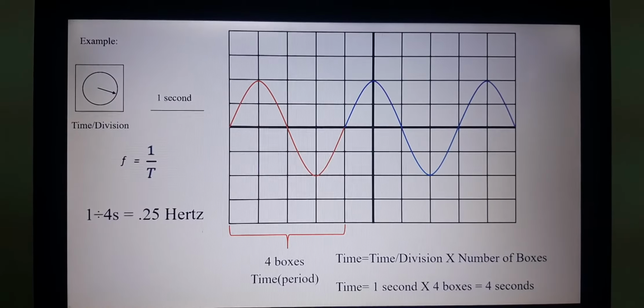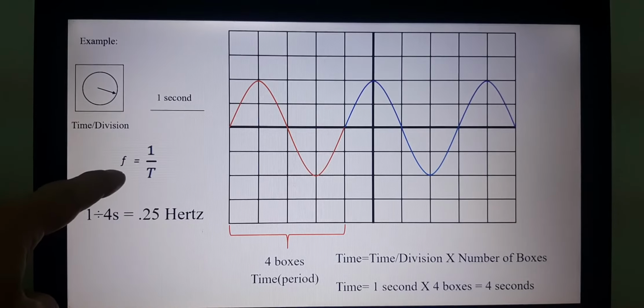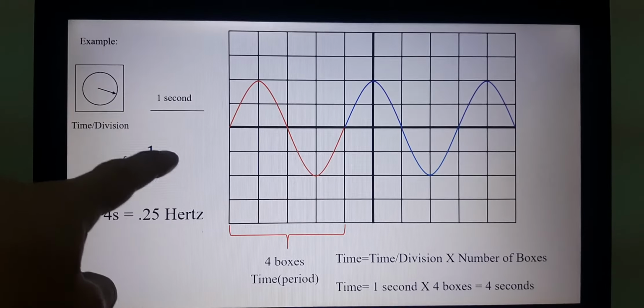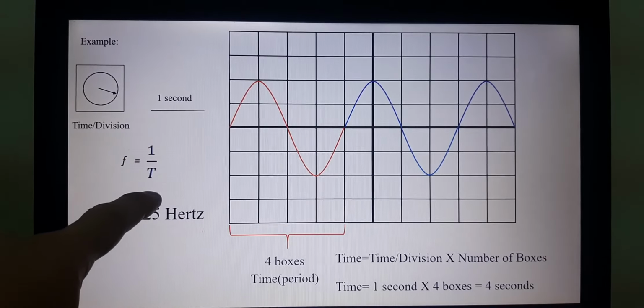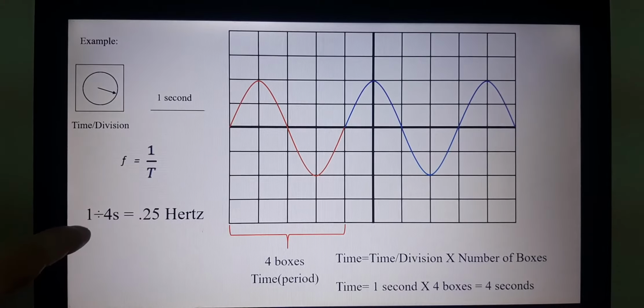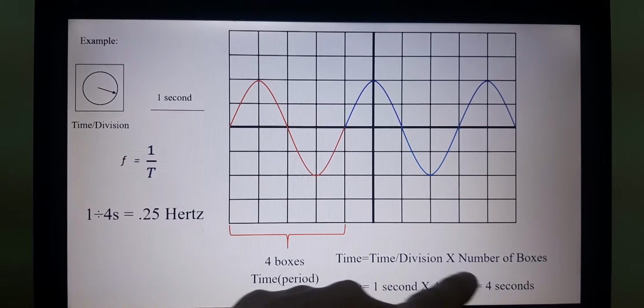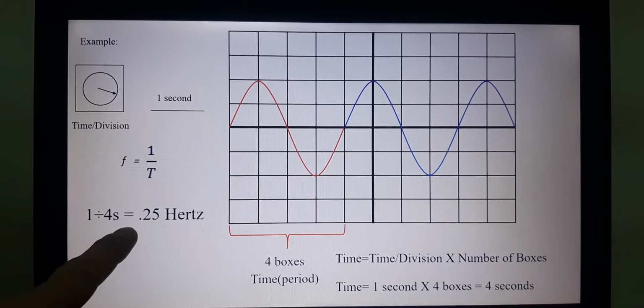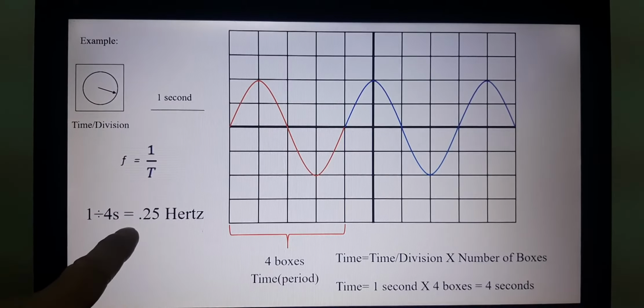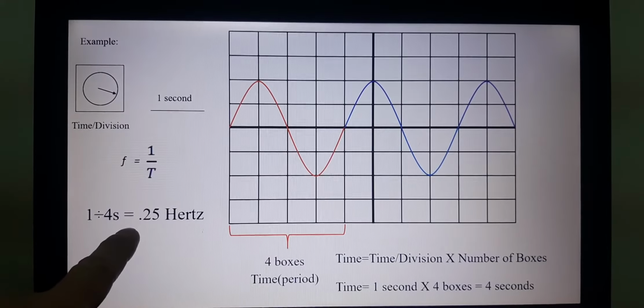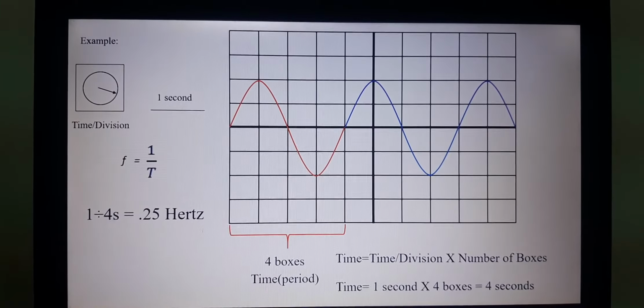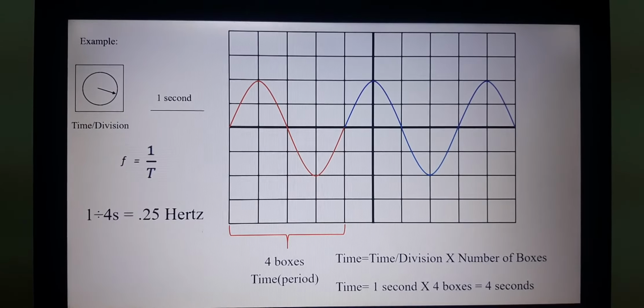Now the formula for computing the frequency: F, or frequency, is equal to 1 divided by time. Since we have 1 divided by 4 seconds, we have 0.25 hertz, or 1/4 hertz. So the frequency is 0.25 hertz.